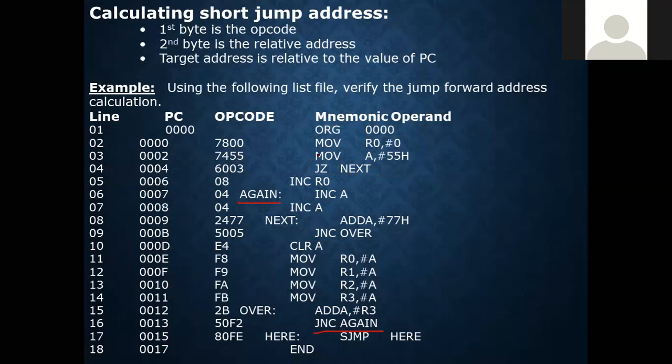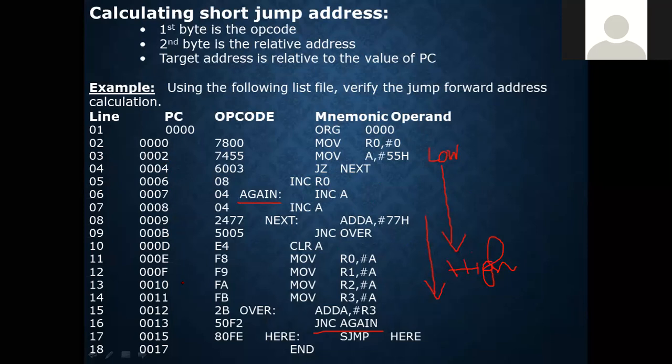So what is the difference between this JZ and JNC over jump and this JNC again jump? Look, in JZ next, the jump was from this direction to this direction. That is JNC over also, from this direction to this direction. That means from low address to high address. The address is low to high, 0002 is lower than 000B.